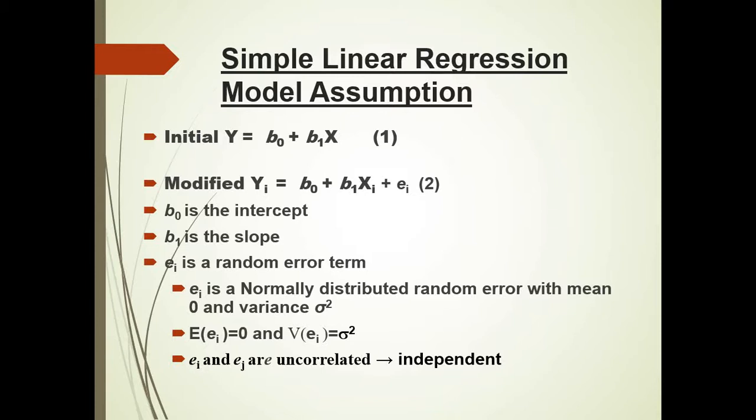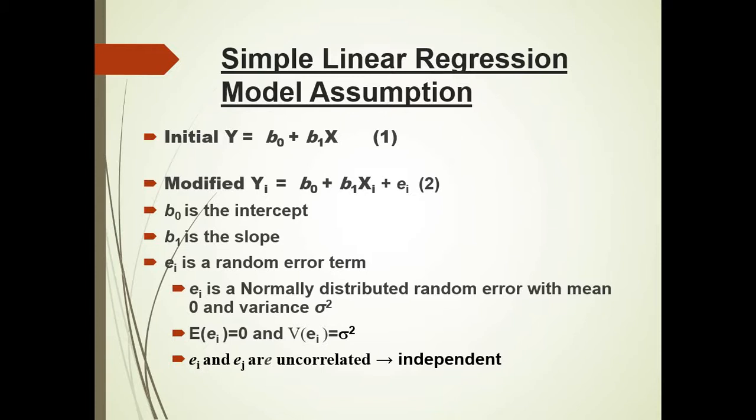In order to accommodate this unexpected thing, we assume y_i as a random variable, and add an error term called epsilon_i. This epsilon_i is assumed to be normally distributed with mean equal to 0 and variance sigma square.